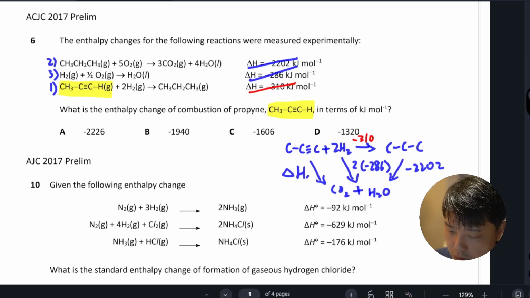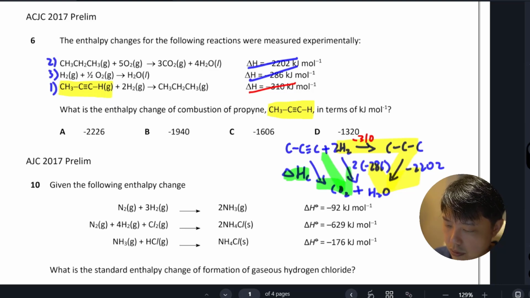There's just one equation that we don't know the enthalpy change to. So this is the one that we need to find, delta H. So what we need to do is just to come out with the reaction pathway. These two added up together will give you this.